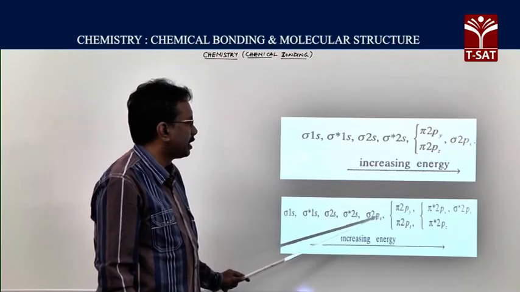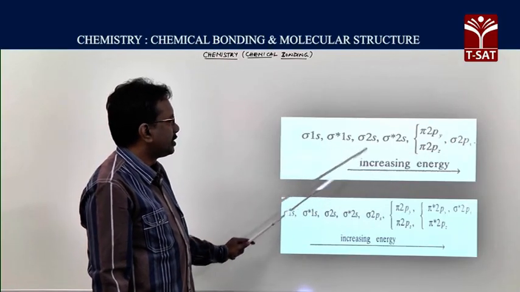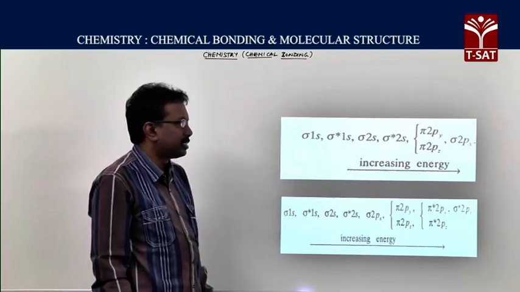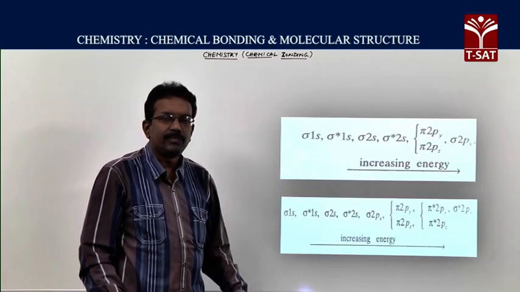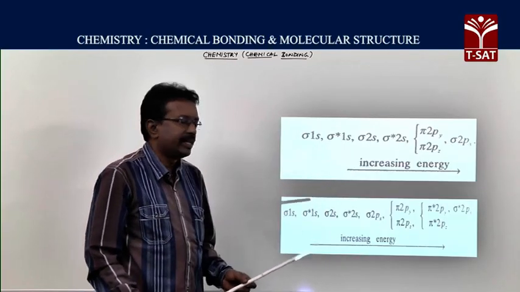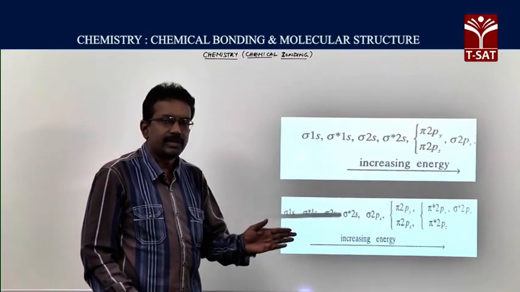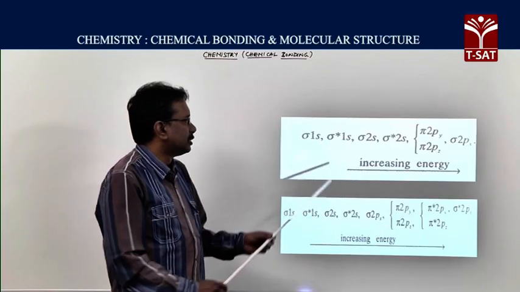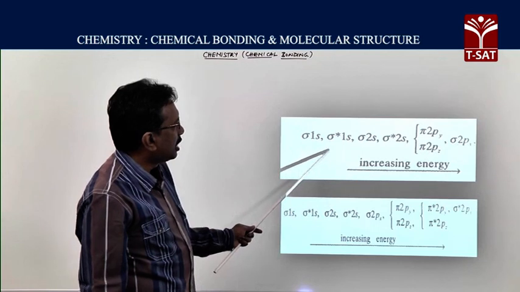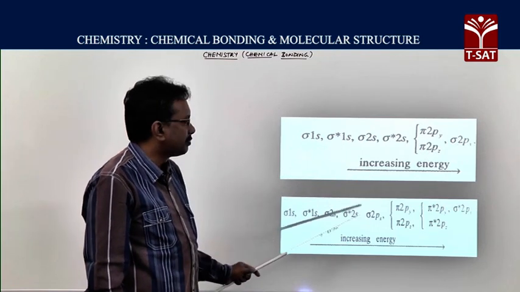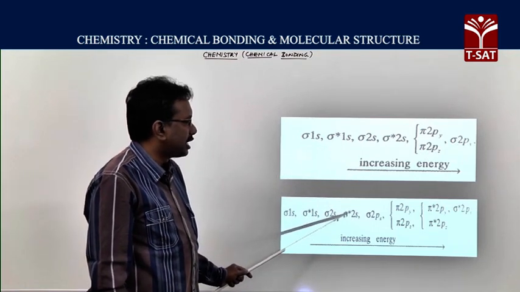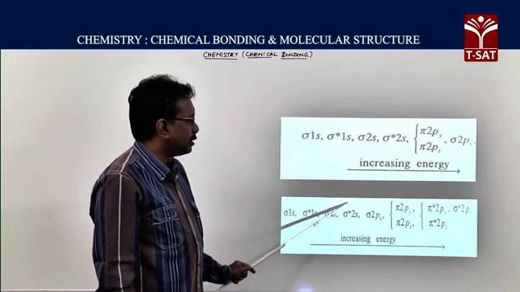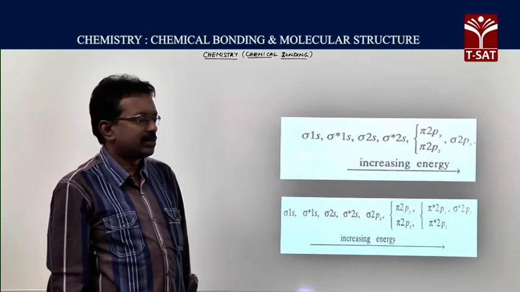This is the only variation. That's why I mentioned 2 types of electronic configuration for homodiatomic molecules, up to nitrogen and after nitrogen. This is also called the 14 or less than 14 electron system, and this order we have to follow for species having more than 14 electrons.